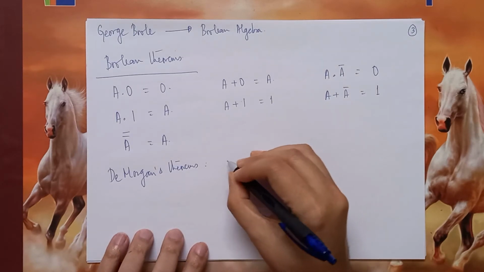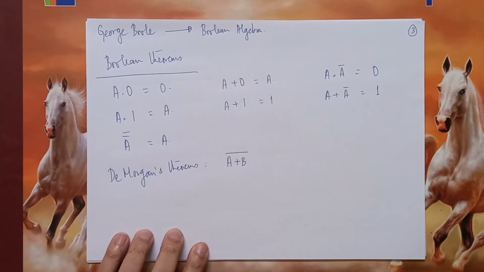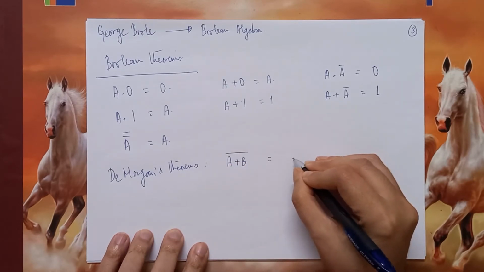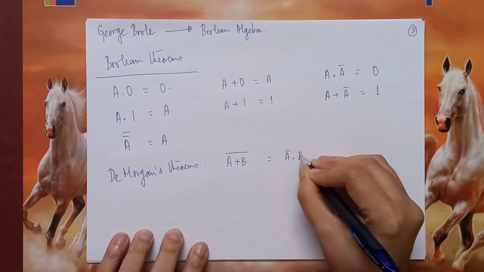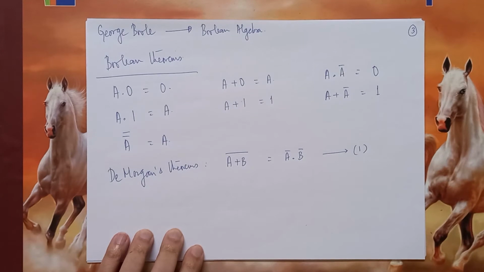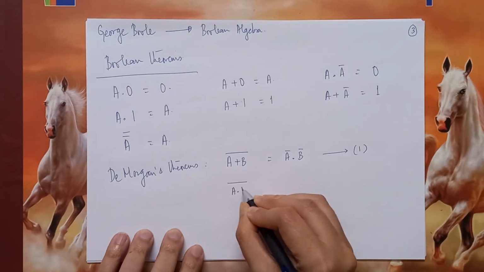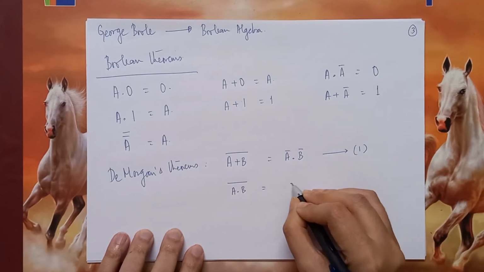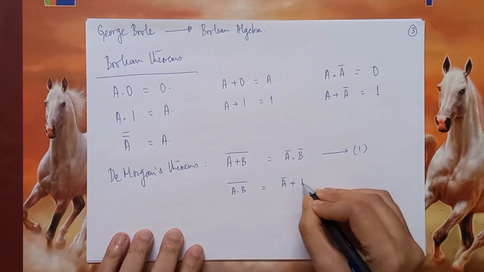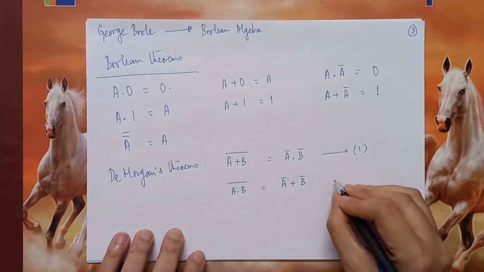This is theorem number 1. Theorem number 2 is the complement of a dot operation is equal to the plus of individual complements. These are essentially converses of each other.